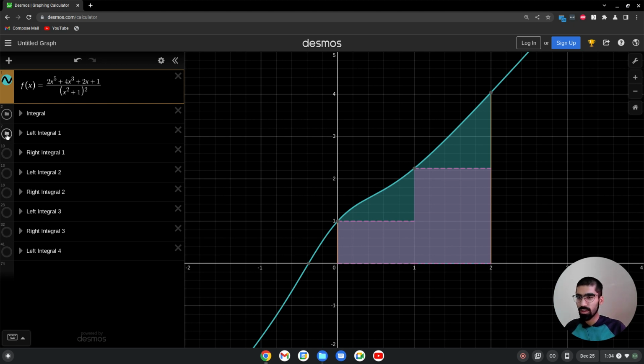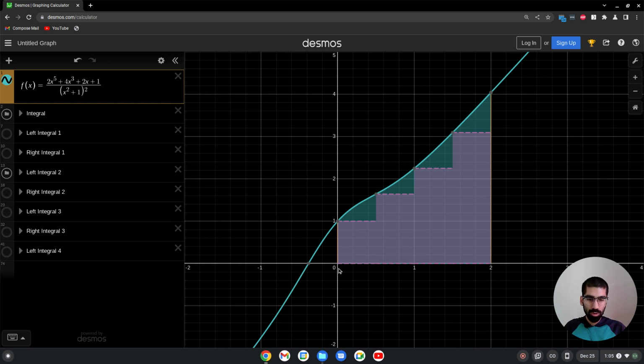Here's what I mean. Instead of two rectangles, what if we had 4 rectangles, each with half of the width of these original ones? You can see there's less area under the curve that we're not capturing in our 4 rectangles here.